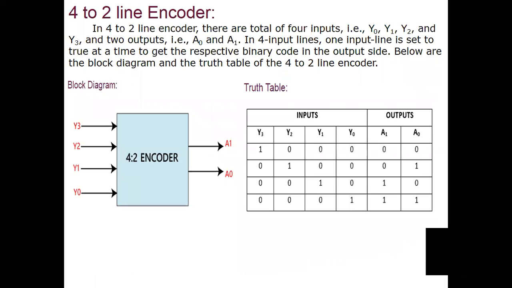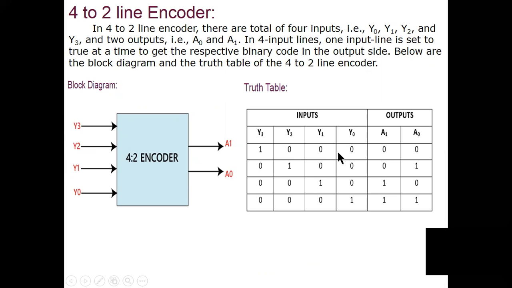Likewise, come to the 4 to 2 line encoder. You have 4 inputs, 0, 1, 2, 3. Output is 2. That is the reverse of your decoder. For example, you see you have 1, 0, 0, 0.